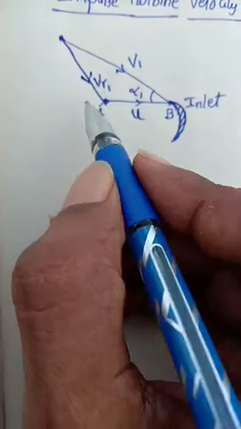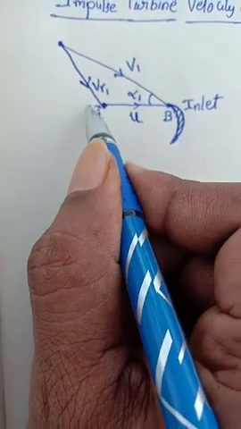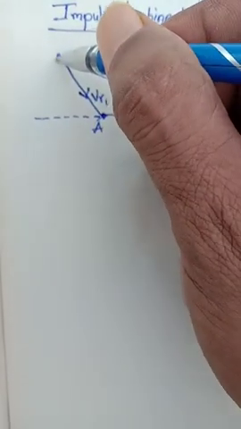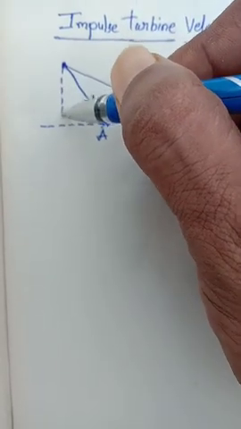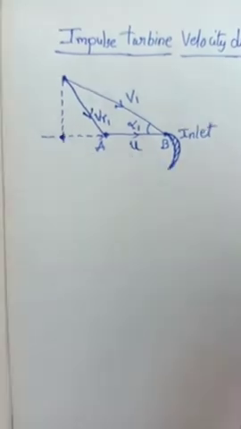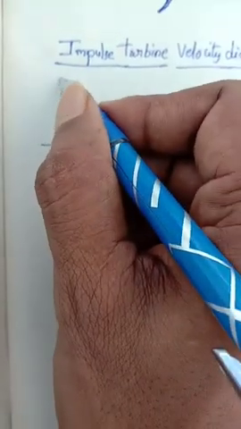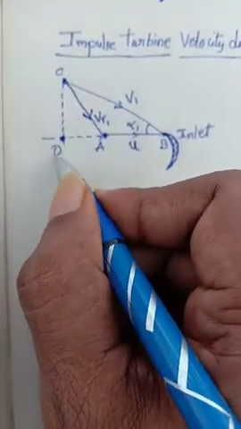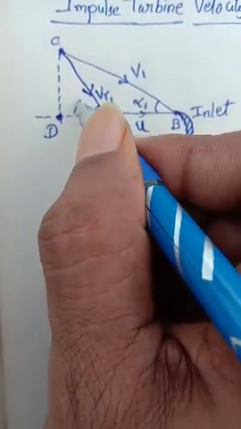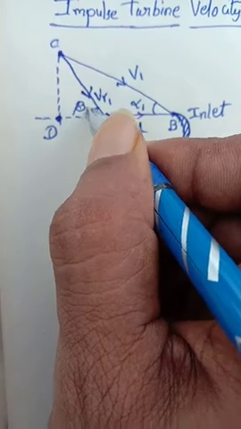Okay, and draw one horizontal line. Similarly draw one vertical line. This is the point. Okay, A, B. Now I take this is C, this is D. Here I have one angle, so I put it here beta 1.